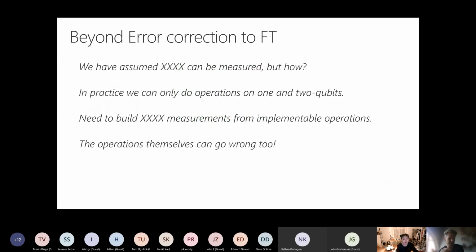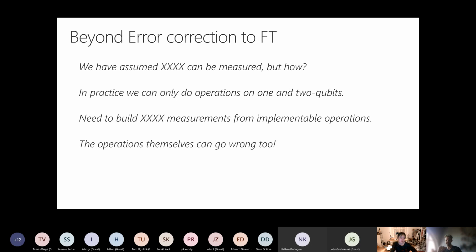And then I just wanted to highlight, as we alluded to earlier, what happens when we go from error correction to fault tolerance. So here we said we could measure these parities and that will tell us about errors that occurred. But as Kitty brought up, we need to think about how we measure these parities.